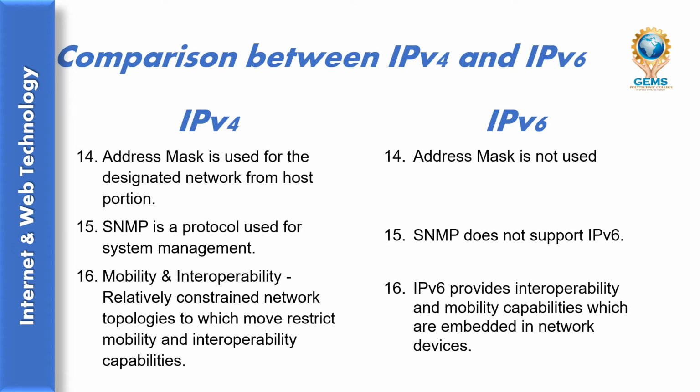But IPv6 does not support SNMP. IPv4 has a relatively constrained network topology, which restricts mobility and interoperability capabilities. IPv6 provides interoperability and mobility capabilities which are embedded in network devices.